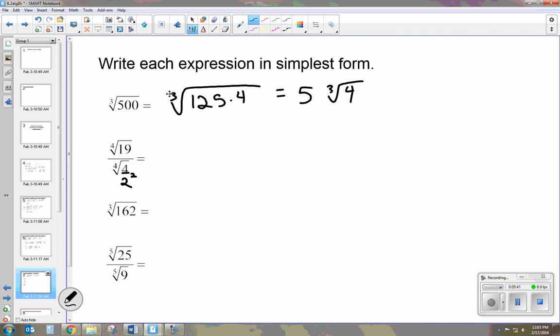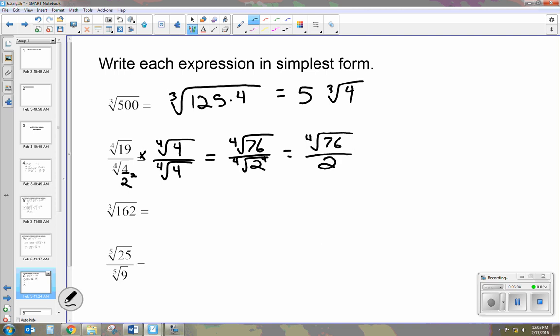So we're going to multiply by the fourth root of 4, which is 2 squared, because then we're left with the fourth root of 76 over the fourth root of 2 to the fourth, which is just the fourth root of 76 over 2.